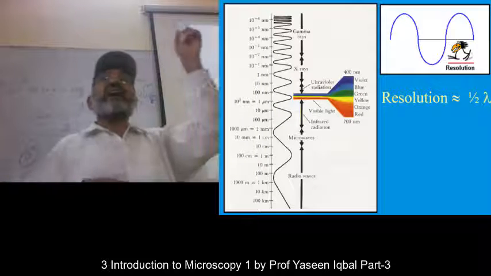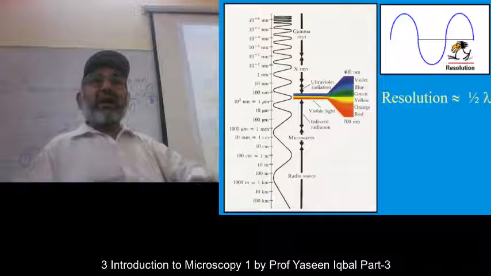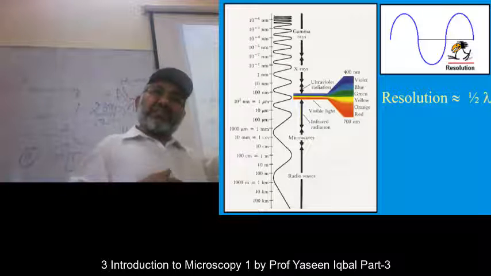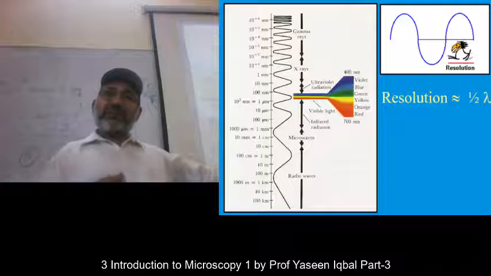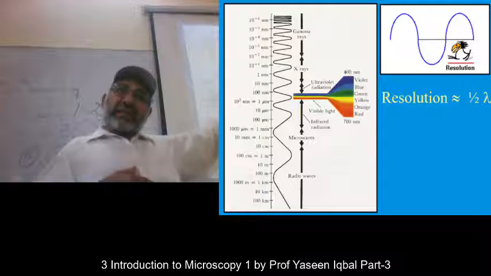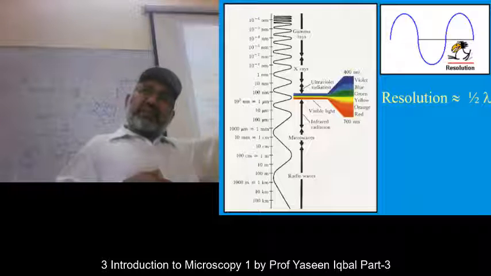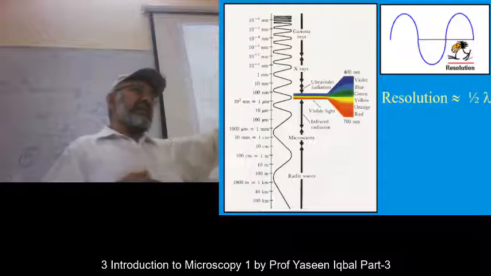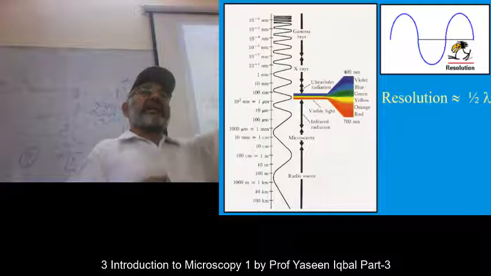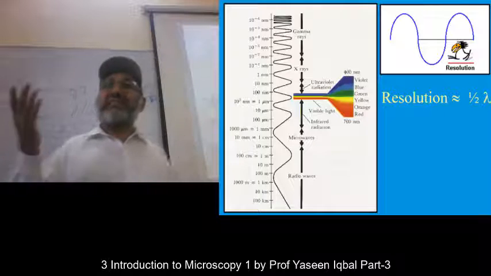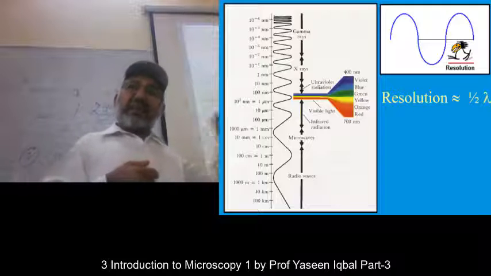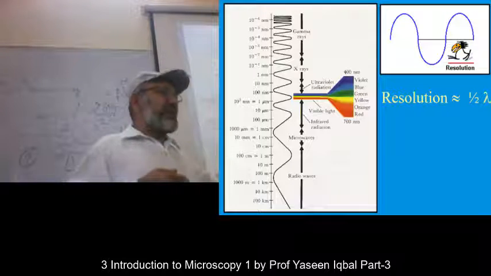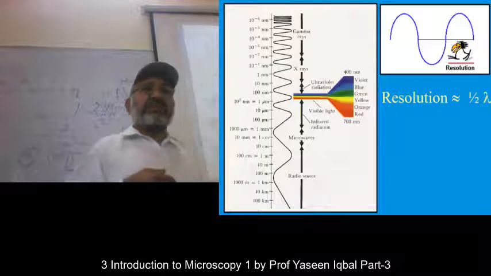So X-rays are ideal for crystal structure determination because the wavelength is of such a length that it can resolve the interatomic planes inside the crystal. That is why X-rays are ideally used for crystal structure determination.